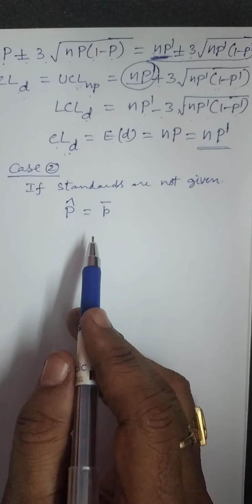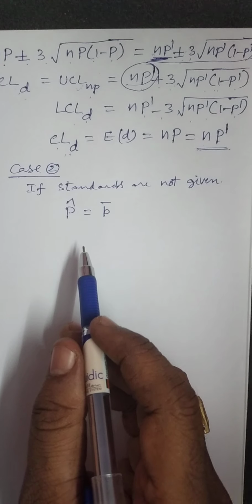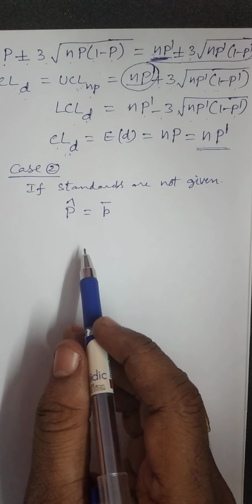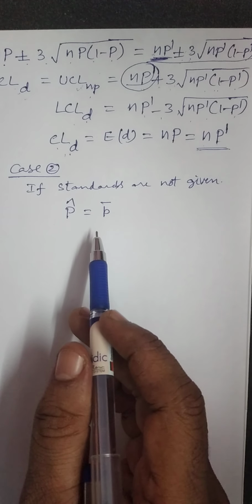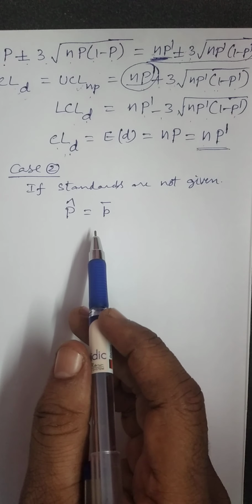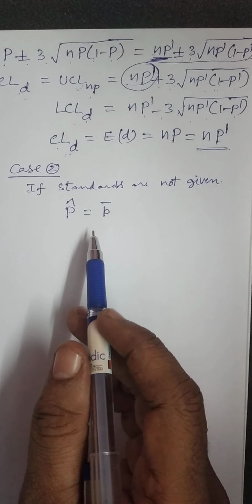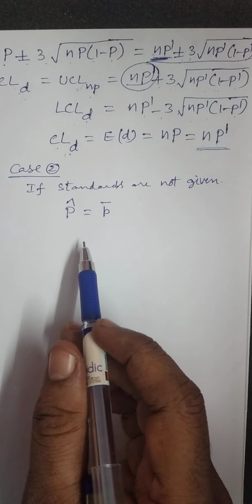The entire discussion was done. We have discussed this estimation part in the previous control chart for fraction defective.